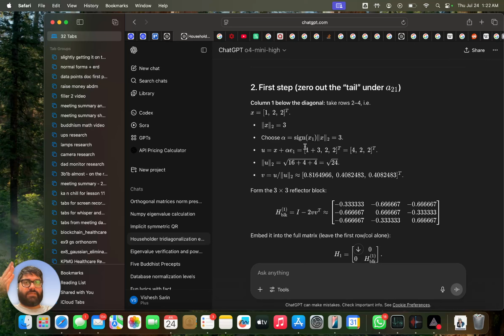E1 is the basis vector for this transformation, right? And you're going to go through all the dimensions, so it'll be 1 0 0, and the next one will be 1 0, but lower. So I think that makes sense.